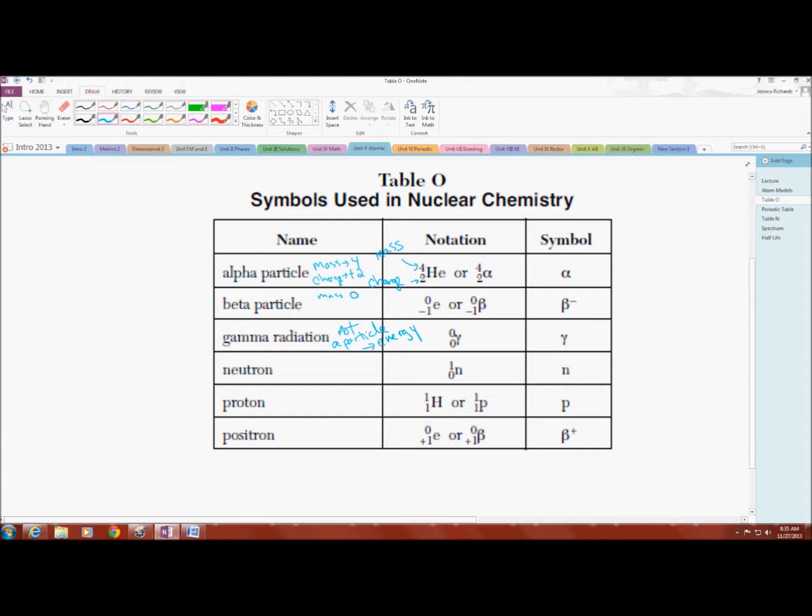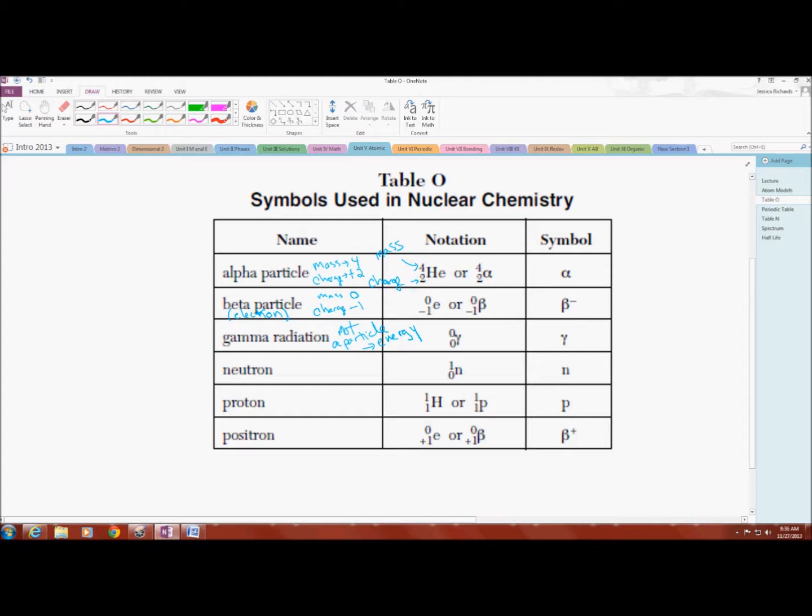Now it is a particle, so it has some mass, but it's really, really tiny, and we'll see what it is in your notes. And it has a charge of -1. They used to have the word electron in parentheses next to beta particle. A beta particle is an extremely fast electron. Beta particle, high-speed electron, same thing. If you want to add that note to yourself, you can remember that.